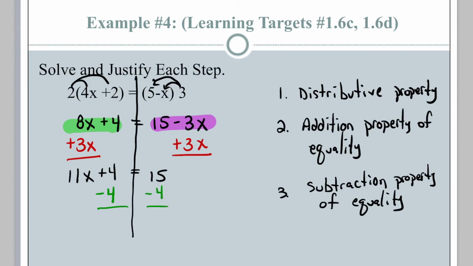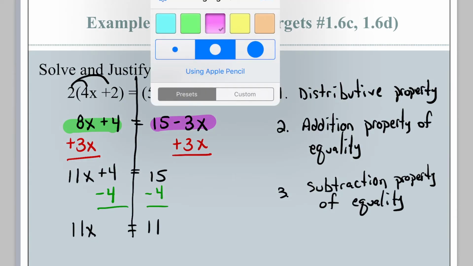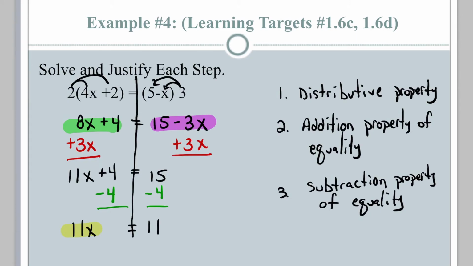And when I simplify that, 4 minus 4 is 0. I end up with 11x. 15 minus 4 is 11. And now I only have one term on each side of the equation. On the left side of the equation, I have 11 times x.